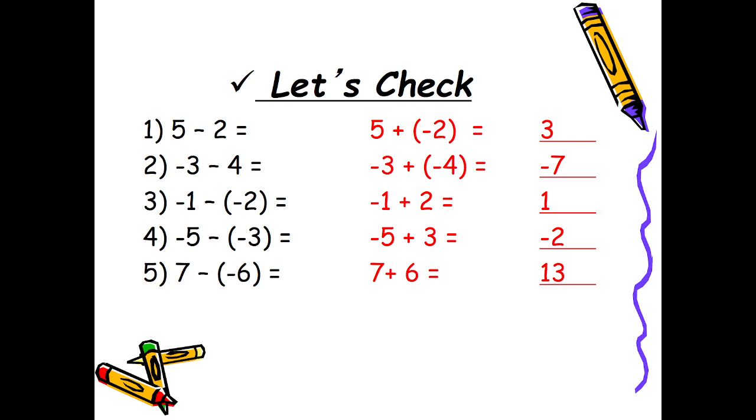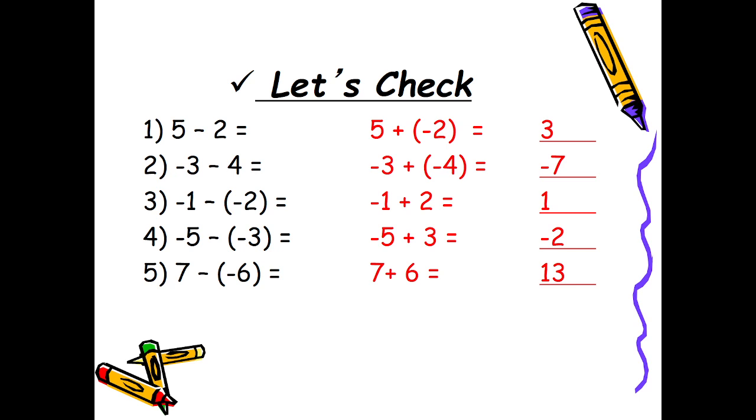Here are the answers for these problems. It's time to check your work. Let's have number 1, 5 minus 2. So we have two positive numbers. We keep 5. We change the minus sign into plus. And then we change the sign of 2 into negative 2. So 5 plus negative 2, addition of integers with different signs, one positive and the other negative.